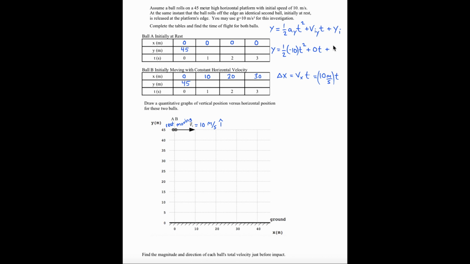And let's give it a yi of 45 according to the picture. All right, if we simplify that a little, we get negative 5t squared plus 45.